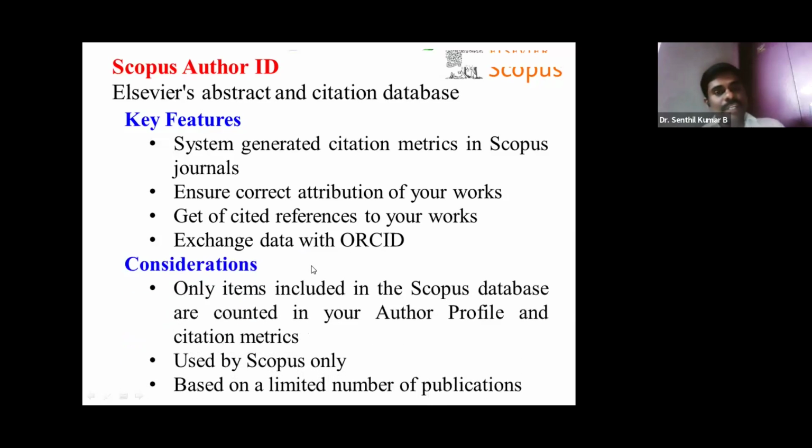The consideration pertaining to a Scopus profile is that only items included in the Scopus database are counted in your research profile. I mean, whatever publications or research papers you have published in Scopus indexed journals, only those will be reflected in your Scopus account. It will not count non-indexed papers, PubMed papers, or Web of Science papers.